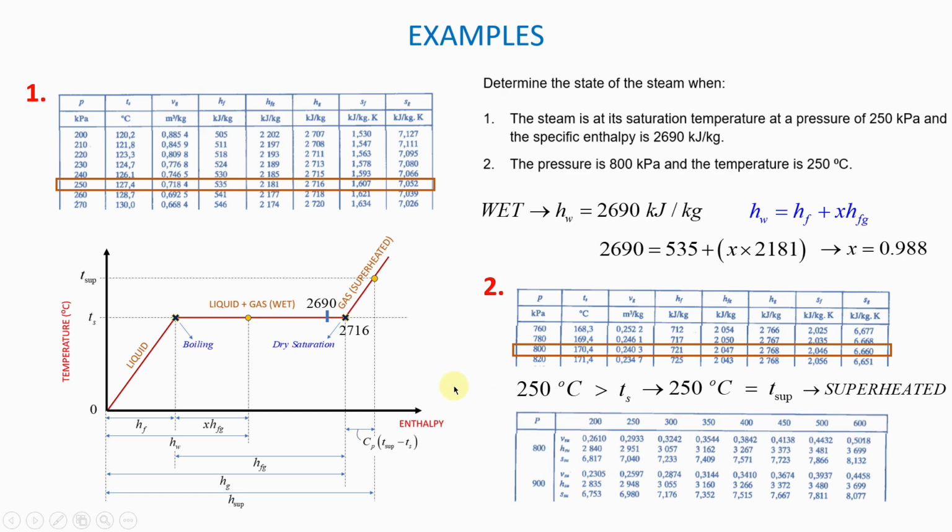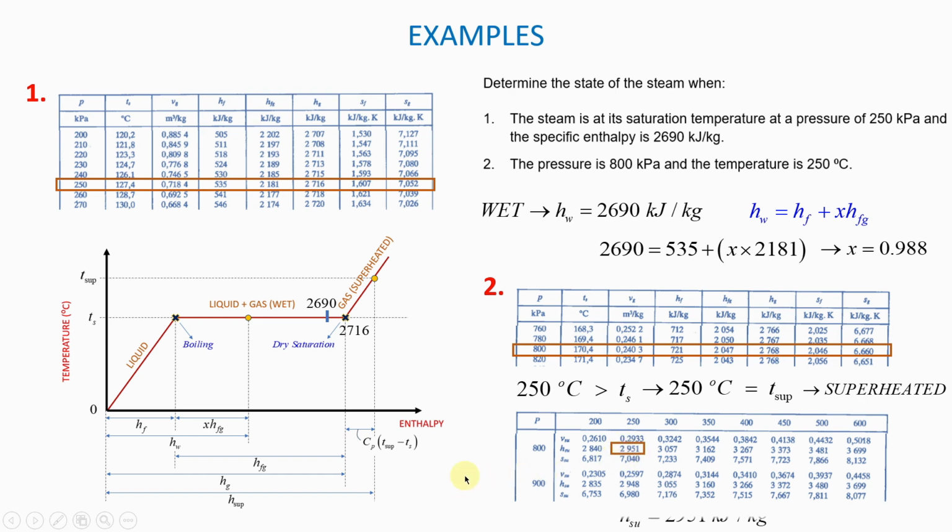And so when we go to the superheated steam tables, a pressure of 800 kilopascals and a temperature of 250 degrees gives you a value for hsup of 2951. You can see here, this is the row for hsup, and when you have 250 degrees and a pressure of 800, this is the value that you have.